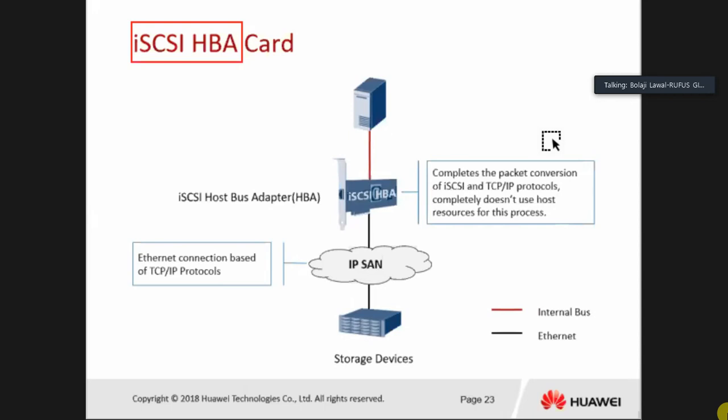This method using iSCSI host bus adapter gives the best data transmission performance. However, it comes with the highest cost to build this network compared to other networks. The iSCSI communication system inherits some of the features of SCSI protocol. In iSCSI communication, there is an initiator device, which is a kind of input-output request, and a target device.